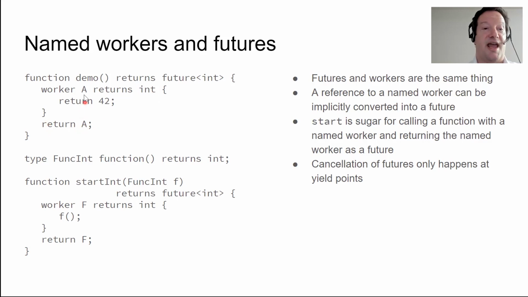We're using return A. We're referring to this named worker as a value. And what happens is when you refer to a named worker as a value, it turns into a future where the type of the future is the return value of the worker. So this is exactly when you do start on a function, it's just wrapping a little worker, calling a function and not waiting for it.